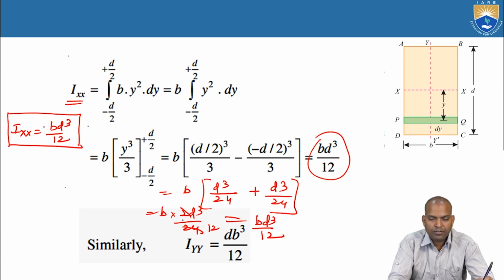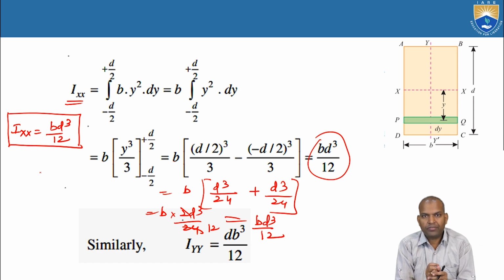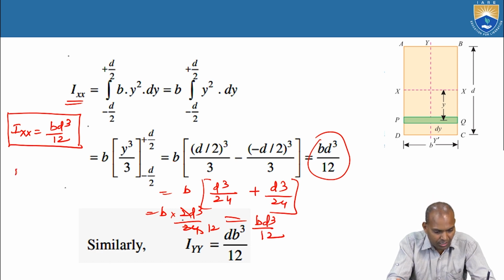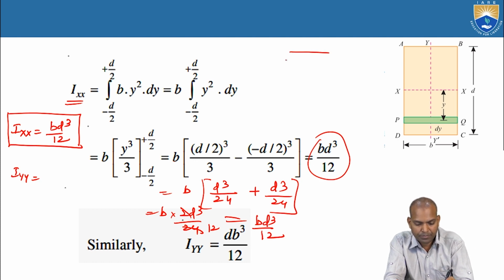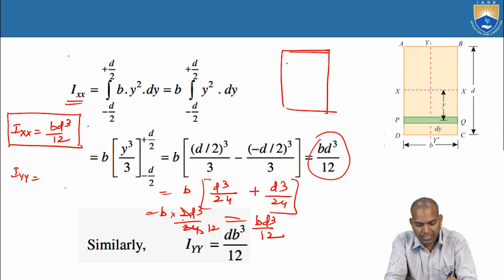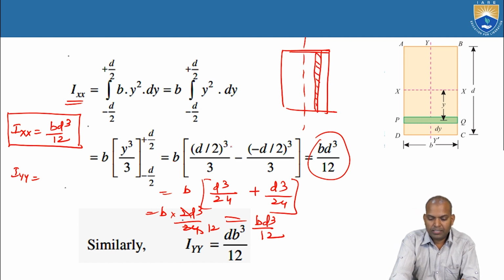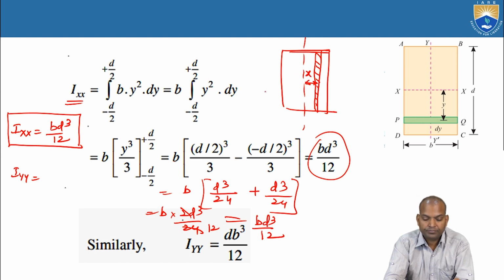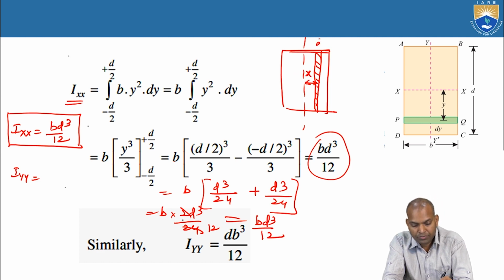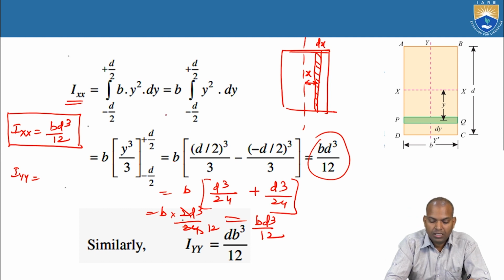Now if you want to find the moment of inertia about the y axis, Iyy, you have to consider the vertical strip. Consider the vertical elemental strip. This is the elemental strip. We consider the distance from here, that is x, and it becomes dx.